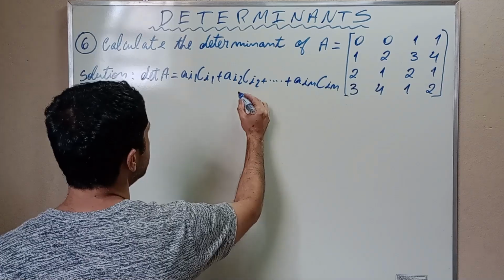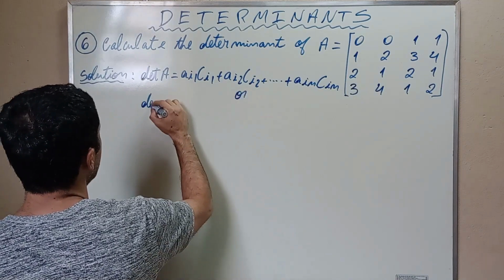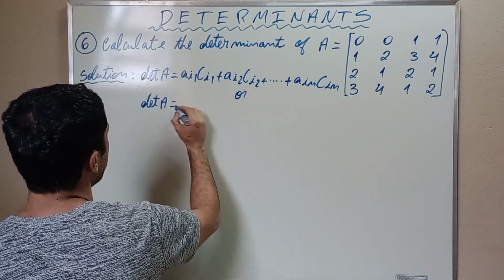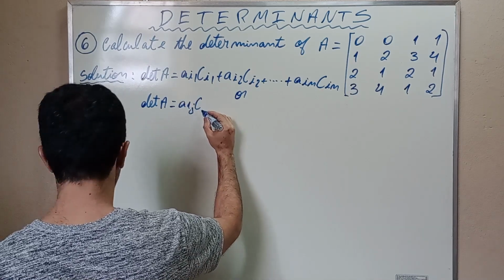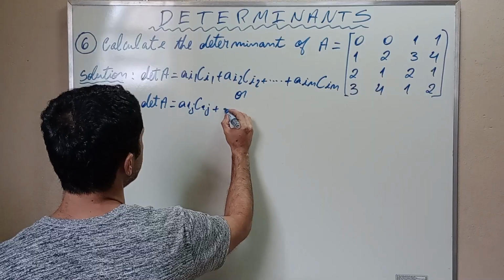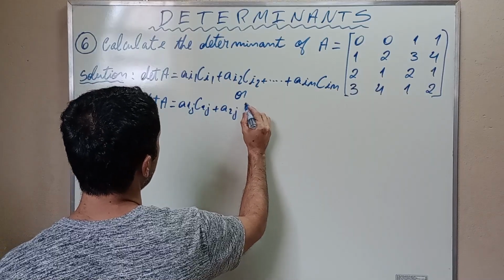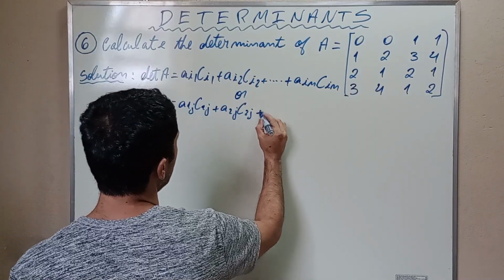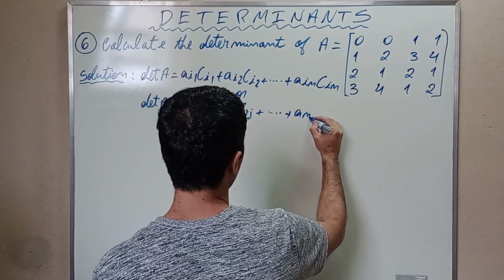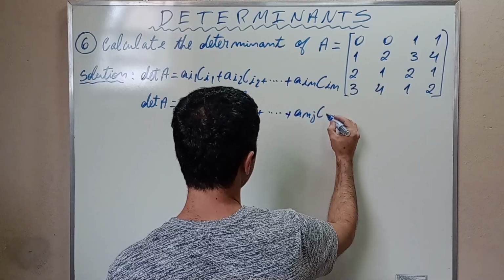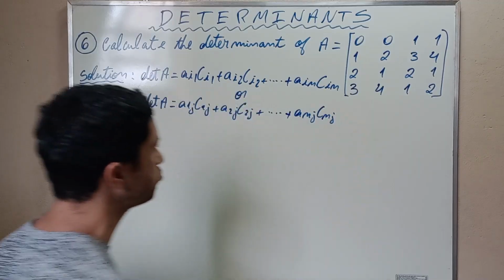Or the determinant is equal to A_1j times the cofactor C_1j plus A_2j times the cofactor C_2j plus ... A_nj times the cofactor C_nj, okay?